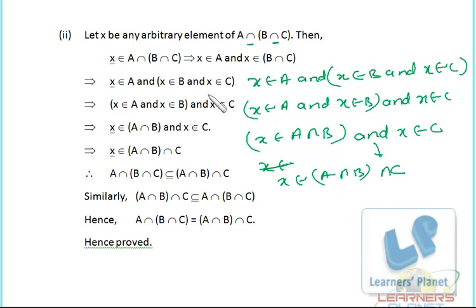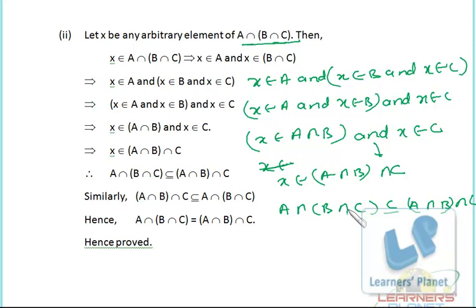That means we started with this and we are getting this. That means X belongs to A intersection (B intersection C) and X belongs to (A intersection B) intersection C. That means this is a subset of this, right? A intersection (B intersection C) is a subset of (A intersection B) intersection C.